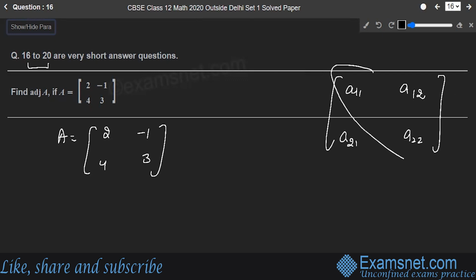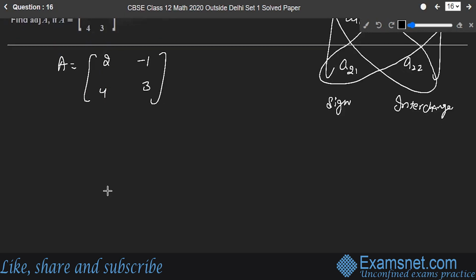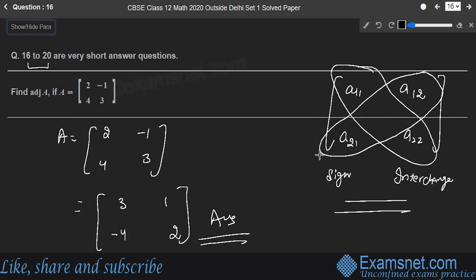So you can find the adjoint this way: I interchange the positions of the diagonal elements and interchange the signs of the other two. Here, I'll interchange the positions of 3 and 2, and I'll interchange the signs of these two places. So that's it. It was pretty easy, you just have to remember this. So this is the answer to the question.